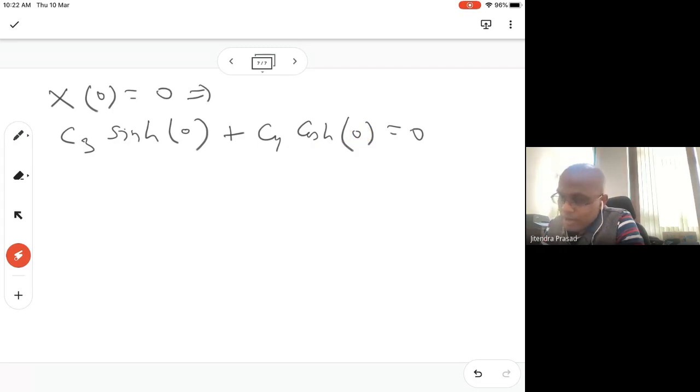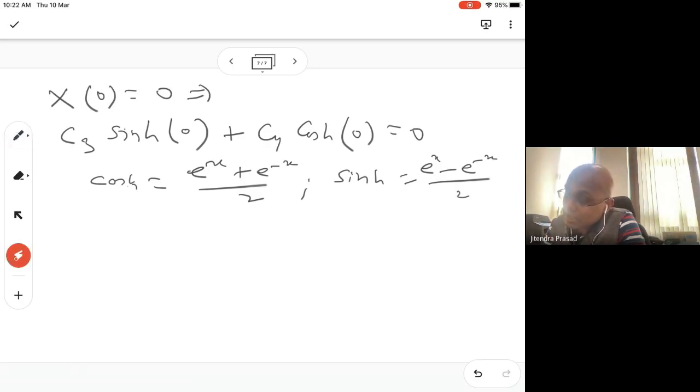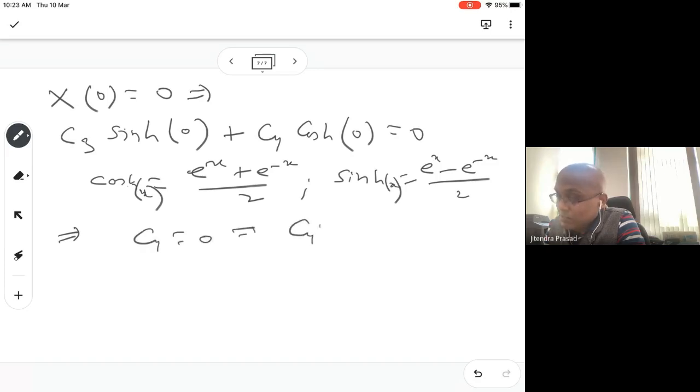Because you know that cos h x equals e to the x plus e to the minus x divided by 2. If you put 0 here, it becomes 1 plus 1 divided by 2 is equal to 1. And sine hyperbolic is equal to e to the power x minus e to the minus x divided by 2, which is 0 at x equal to 0. So that tells you that C4 is equal to 0. So this gives C4 equal to 0.